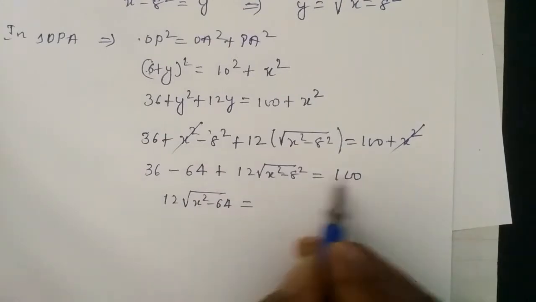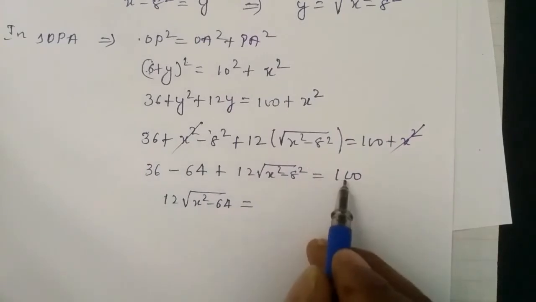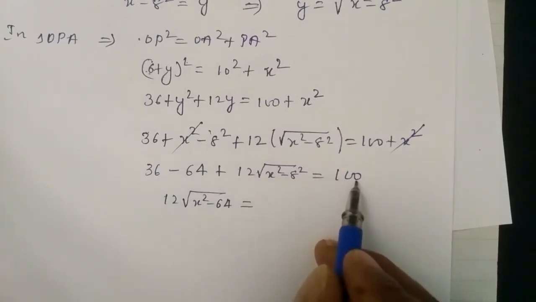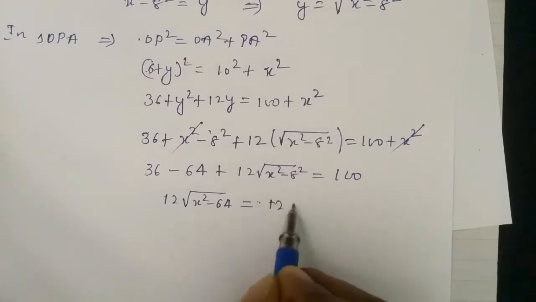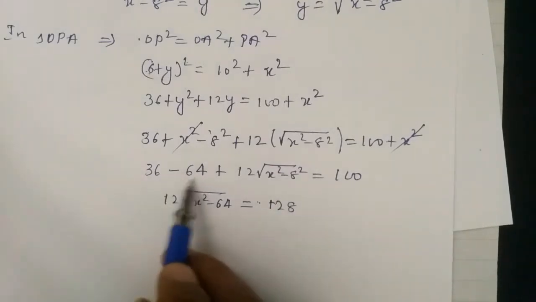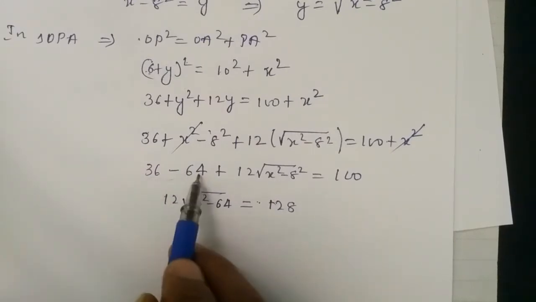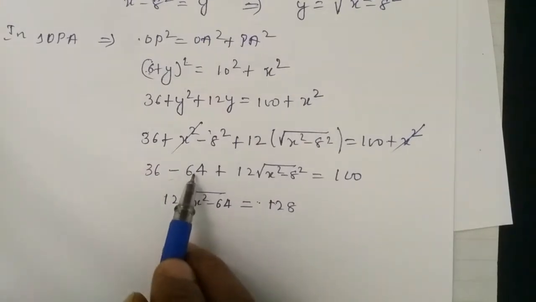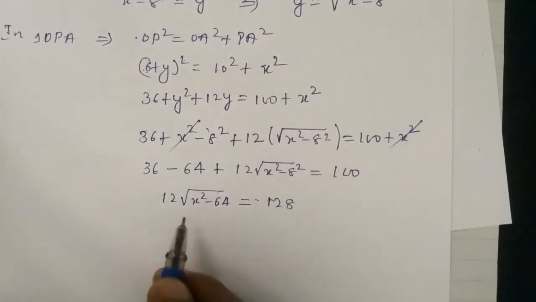So we shift all these values to one side, and 12 of root x square minus 64 equal to, this is 100, here 36 shifted that side, it is minus, this is a plus 64, finally 128 will get. So these two subtracted will get minus 28. Understand, these two subtracted minus 28 will get, that minus 28 shifted this side, plus 28.